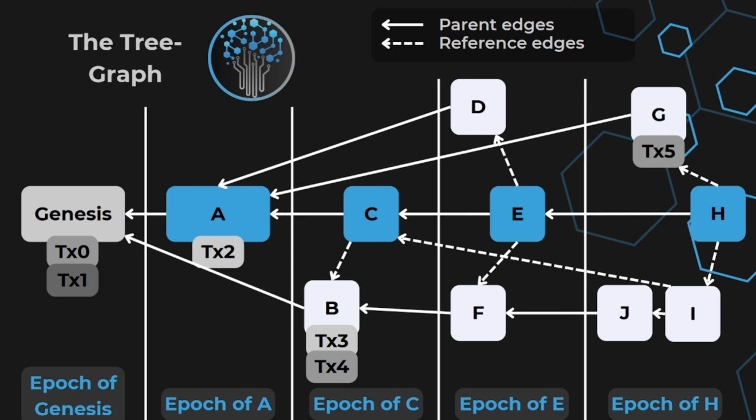The main difference is that there are parent edges and reference edges, and each block is related to a parent edge and other reference edges. So there are many blocks in the same epoch. Different transactions can all be combined into the same epoch, which also reduces the conflicts among the different blocks proposed by miners.